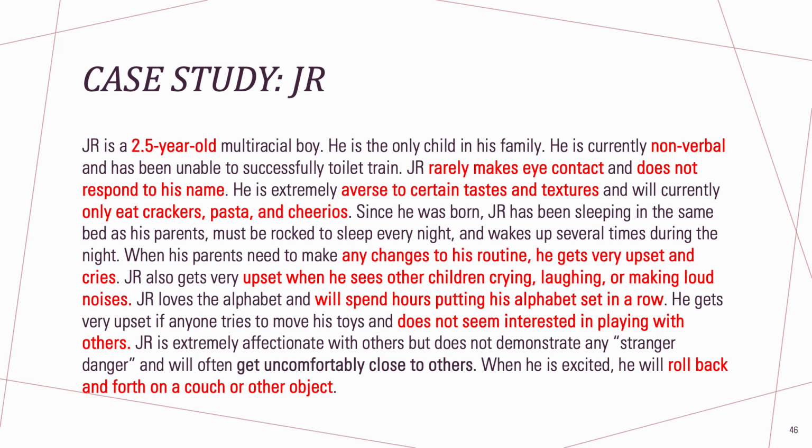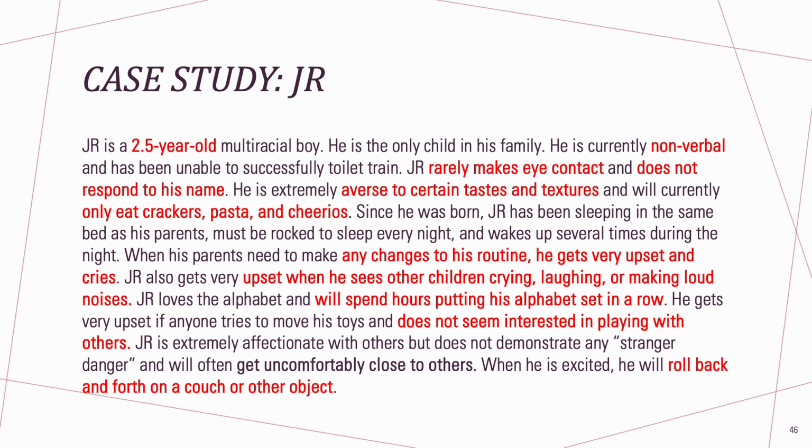Seems like he has trouble sleeping, so that seems like, he is 2.5, so it's not uncommon, but by this point it seems that it's really impairing. When his parents need to make any changes to his routine, he gets really upset and cries, so that shows, again, distress tolerance is quite low, and suggests some insistence on sameness or some inability to be flexible with routines.